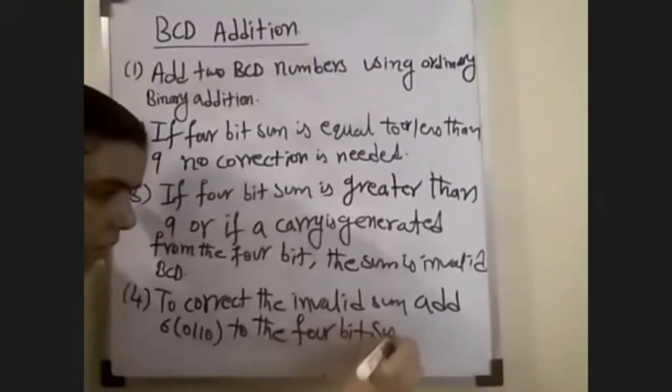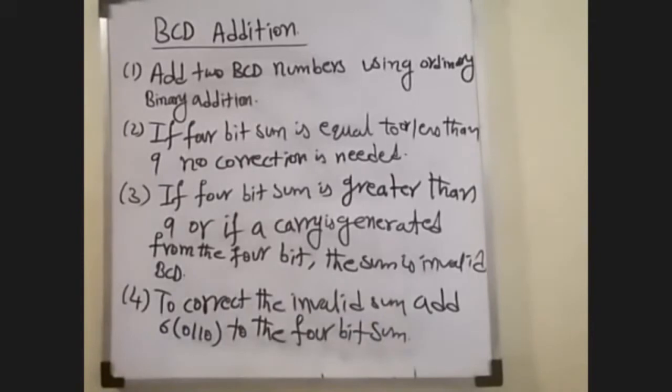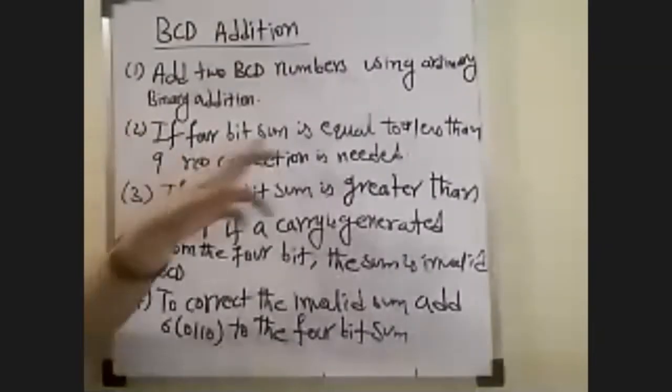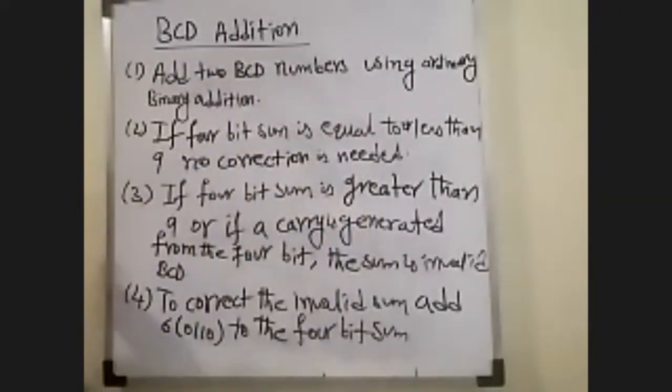So this is the procedure to perform BCD addition. The first step is to add two BCD numbers using ordinary binary addition. The second step: after getting a sum that is equal to or less than 9, no correction is needed.